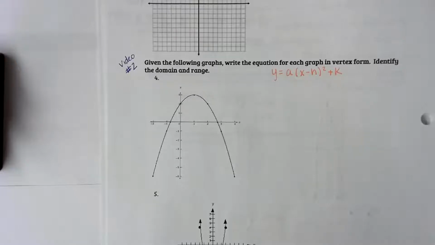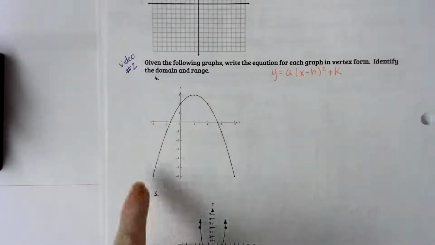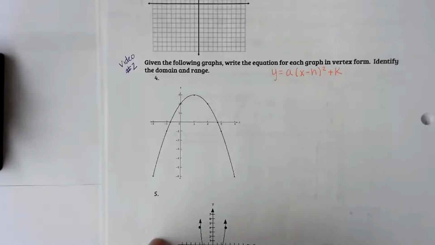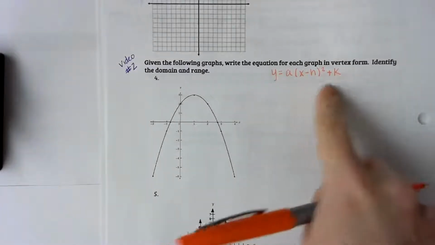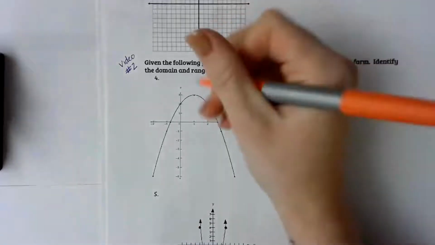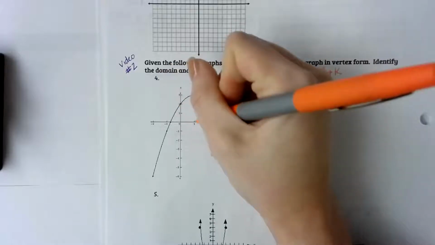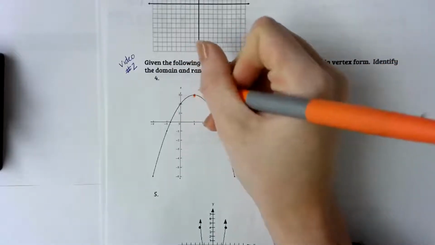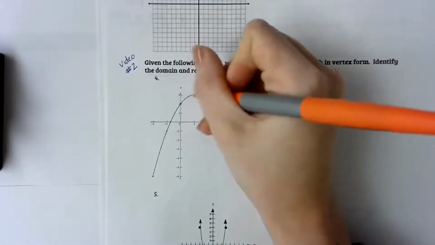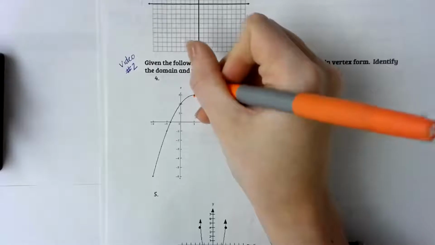So first thing that you are going to do is identify some points that you already have on your graph. And you know that h and k is your vertex. So that vertex is this highest point here. So if I say what those points are, that is at 1, 3. So this is our vertex.